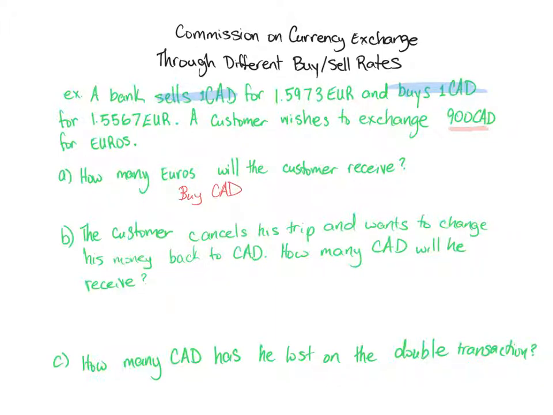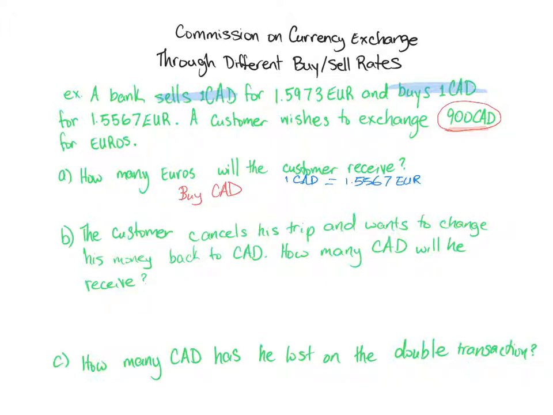It's happening in this case because the person has those Canadian dollars, so the bank has to buy them from him. So we're going to use the buy rate first, and the buy rate is $1 Canadian is equal to 1.5567 euros.